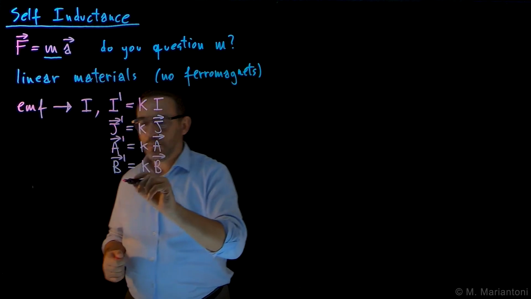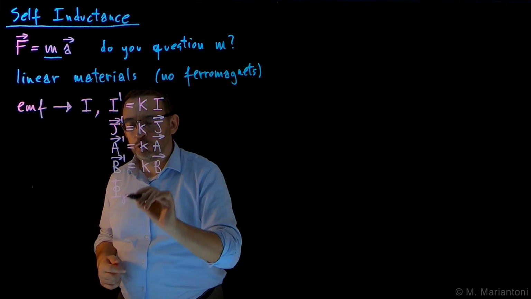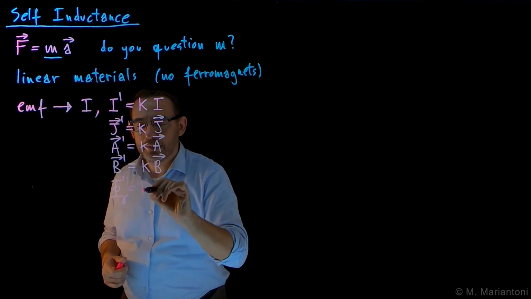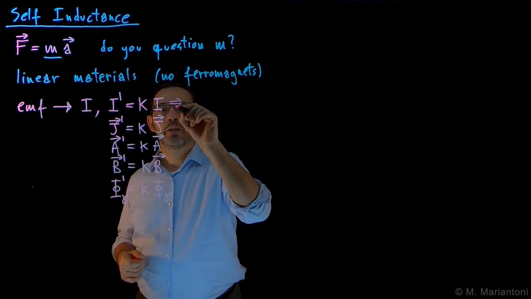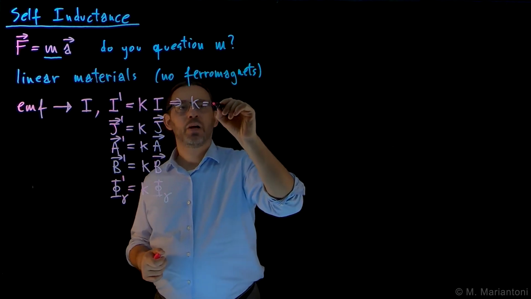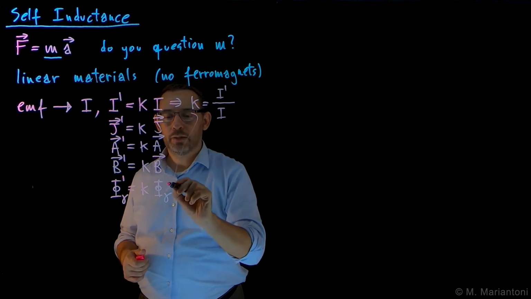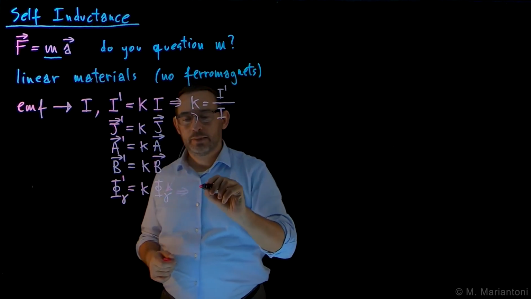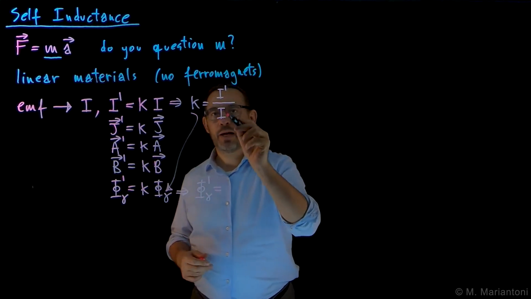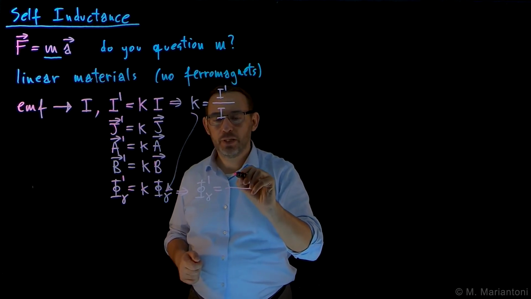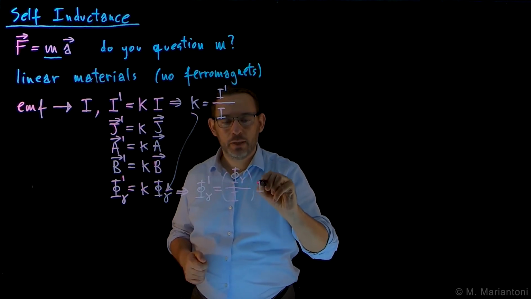Most importantly, the flux associated with the contour gamma prime also scales with this k. Now, from this equation, we know that k can be rewritten as I prime over I. So using this equation, we obtain that phi gamma prime is equal to k, which is I prime over I, times phi gamma. We can regroup it a little and say that it's phi gamma divided by I, times I prime.